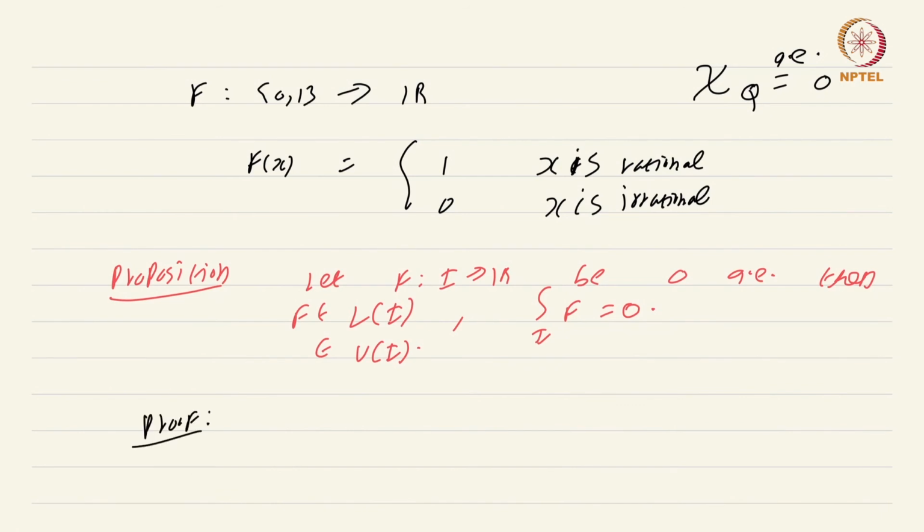Well, let's just consider s equal to 0 on I. Then s increases to f almost everywhere. This is just true trivially, by the fact that f is equal to 0 almost everywhere, which shows that f is actually an upper function with integral 0.